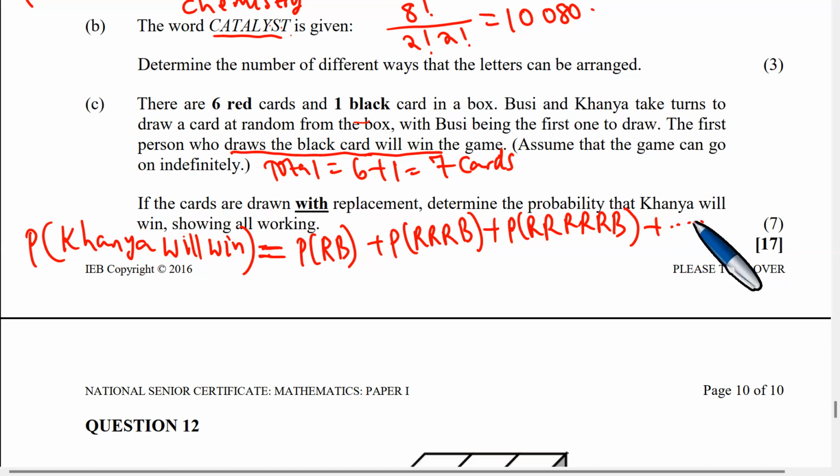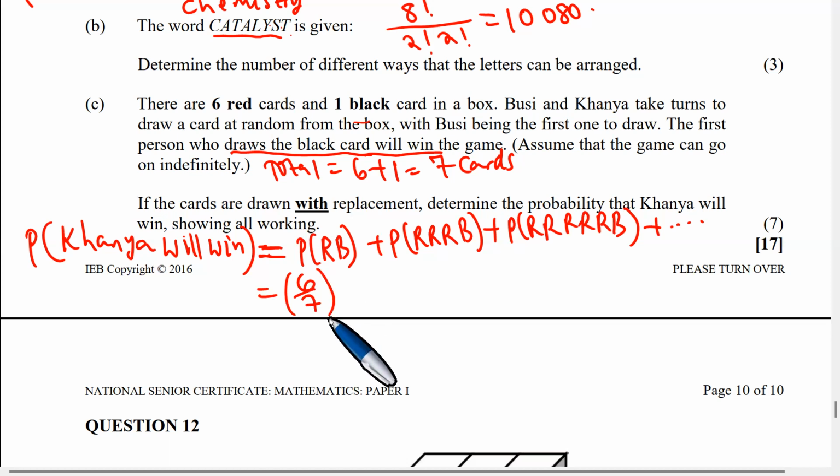So if Kanye will win, it means that there is a probability of the following. If Kanye picks red, then black, how many red are there? There are 6 of them, out of the total of everything, 6 plus 1, 7.